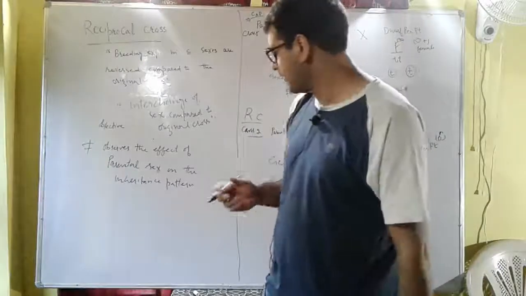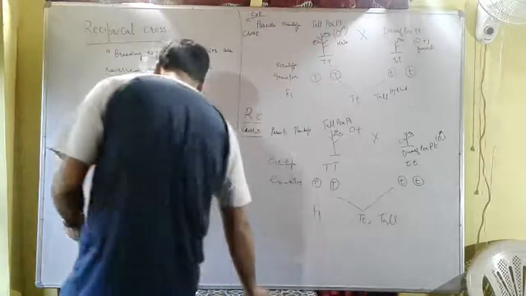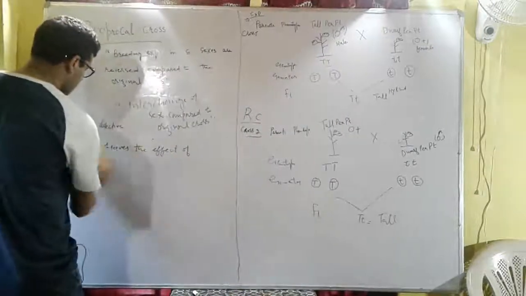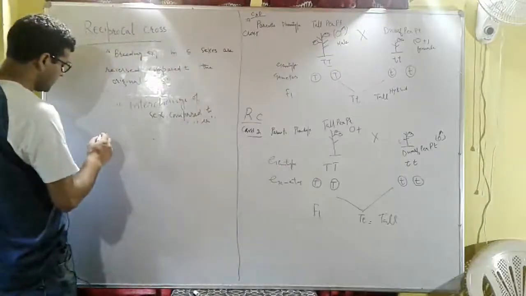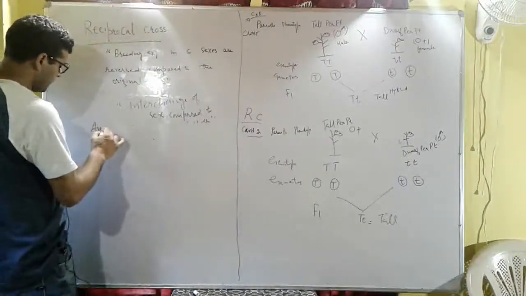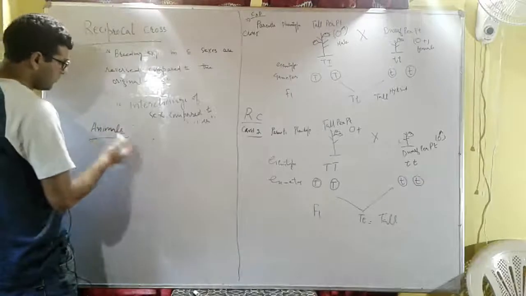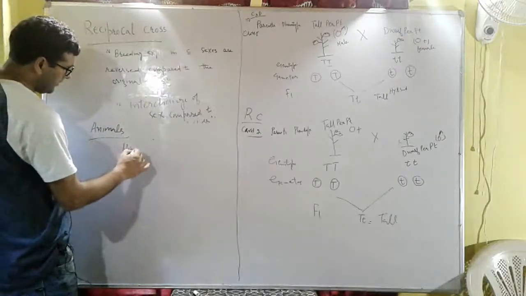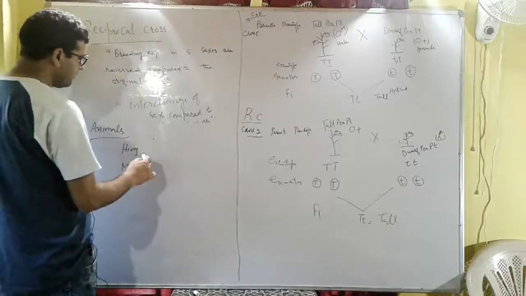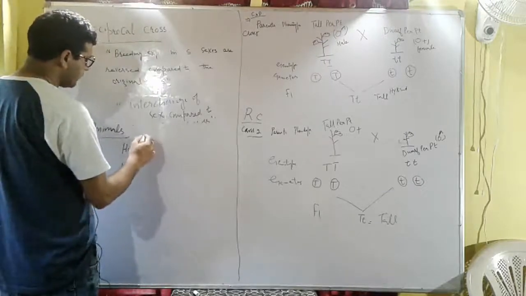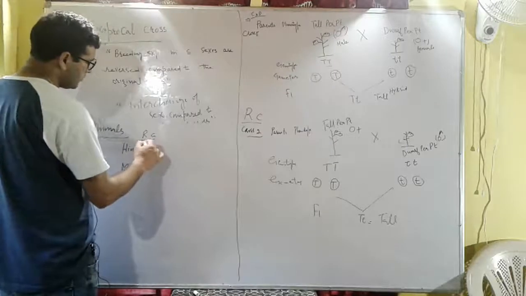In the case of animals, we have the hinny and the mule. The hinny and the mule are examples of reciprocal crosses.